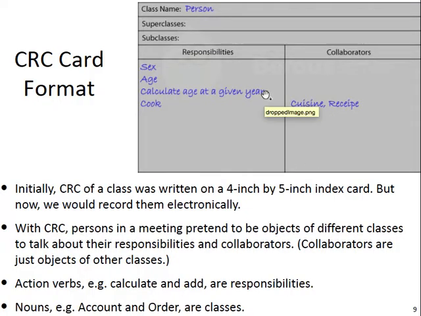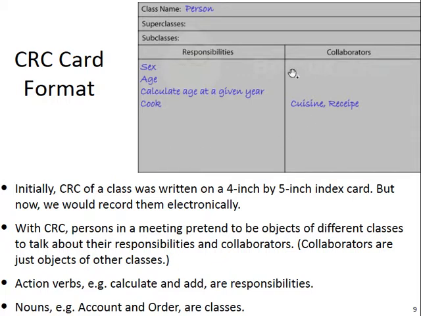Okay, now the two of them invented the CRC card. CRC cards are actual physical cards, 4 by 5 inches, and then they write down the class name. Okay, suppose in a system they have a person class, and it has the data attributes and the method names.